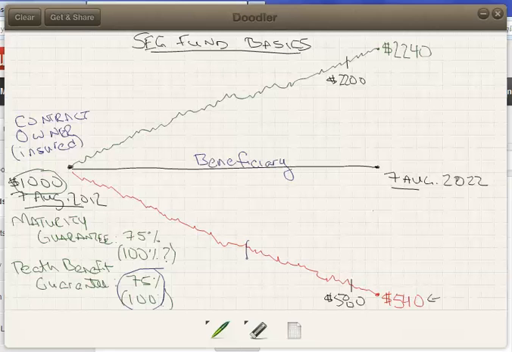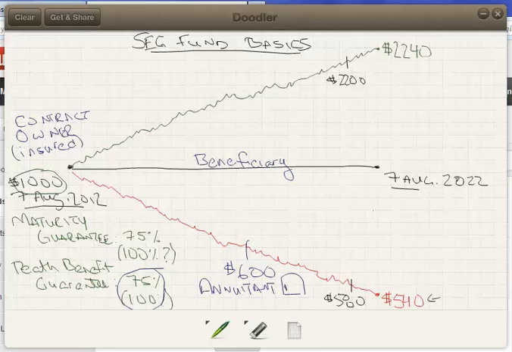In the first scenario we'll look at, we're going to have, let's say, a contract value of $600. So the contract has fallen in value, and at that point, our annuitant dies. So this is based on the annuitant's death.